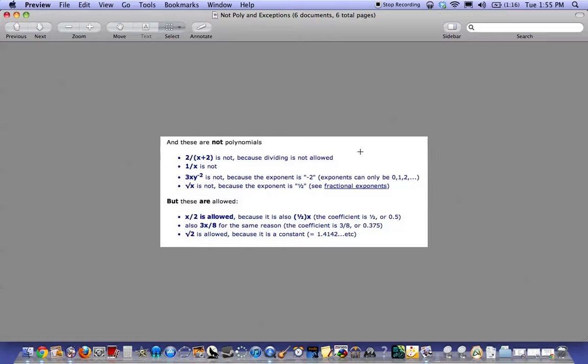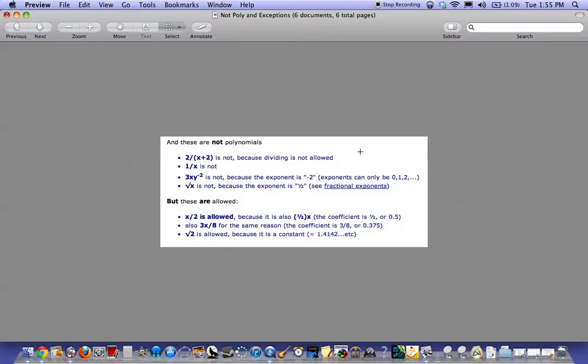I don't know if that's going to be 1/2, 1/3, it could be 1/10. I can't divide that. So I can't have a variable in the bottom of a fraction, period, ever. I can't have any division in a polynomial, and especially when the variable is in the bottom.